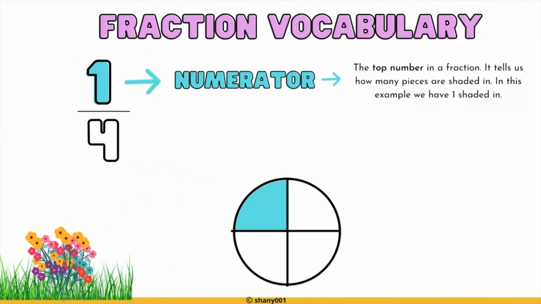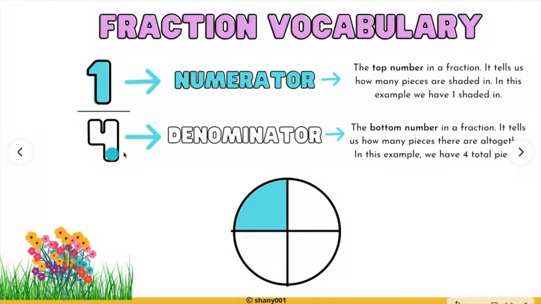Fraction vocabulary. The fraction 1/4. 1 is the numerator. The numerator is the top number in a fraction. It tells us how many pieces are shaded in. In this example, we have 1 shaded in. And the total pieces are 4ths.